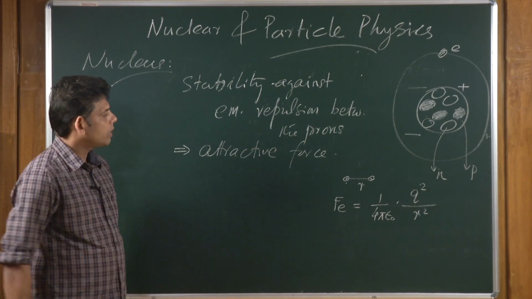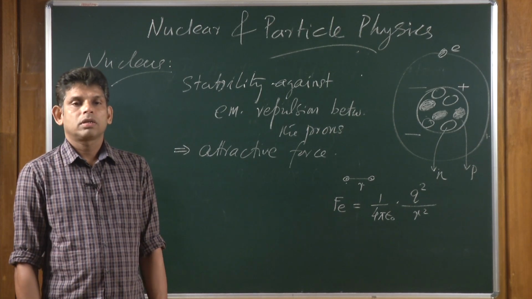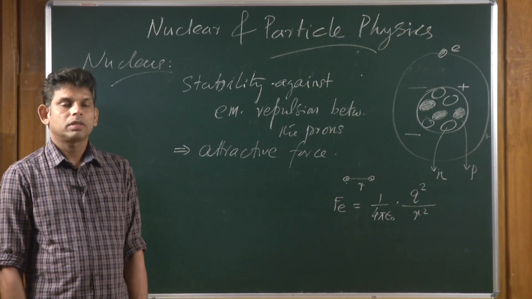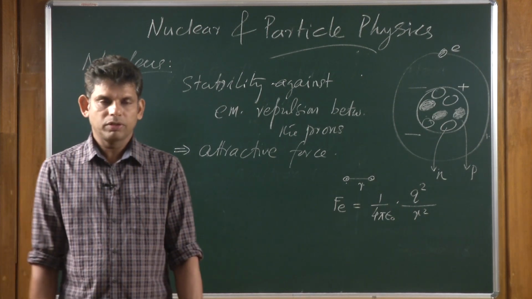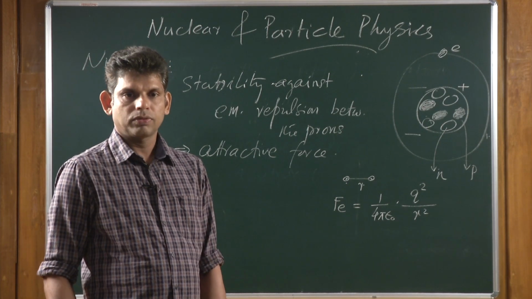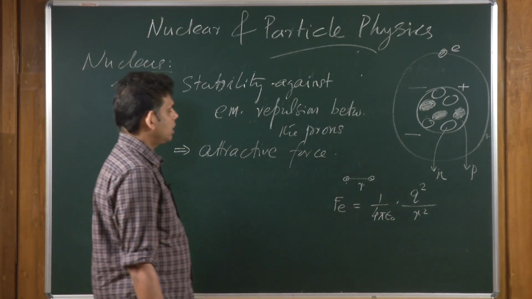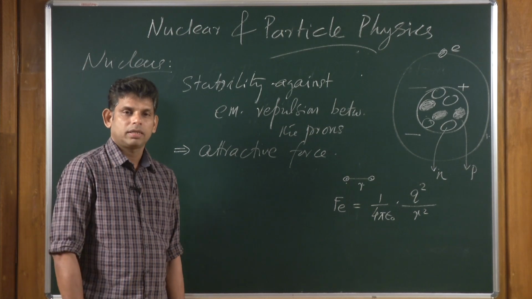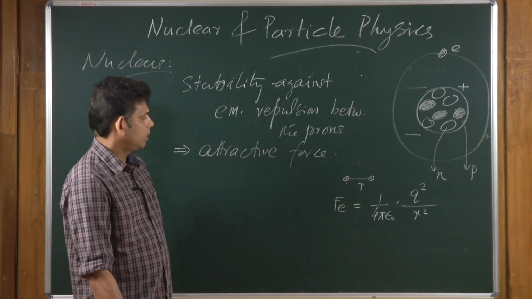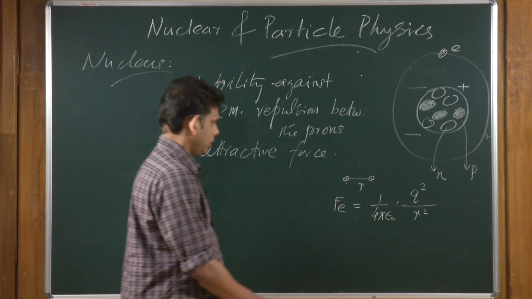What kind of attractive force are we familiar with? We are familiar with the gravitational force, which we know is attractive in nature. So, it will attract these protons. Now, see whether that can fit in here.